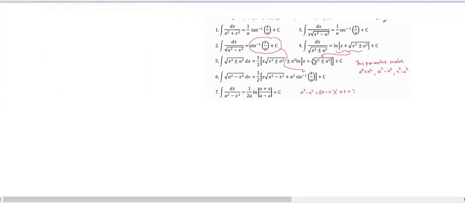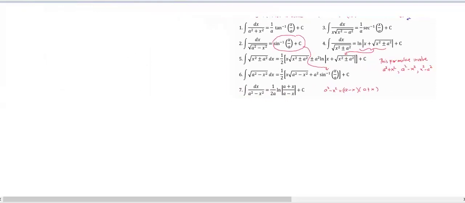Paste. Para may kopya ako. Okay, so let's say the integral of dx over x squared plus 9. Para lang maganda yung sagot. So we use number 1. Ano yung a natin dito?